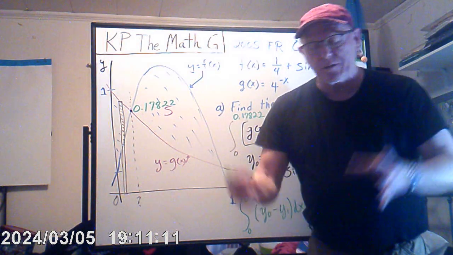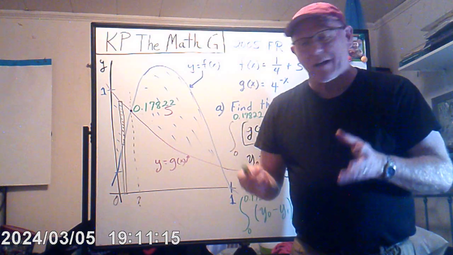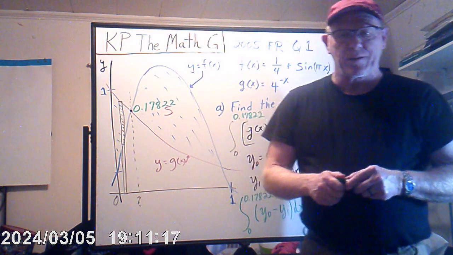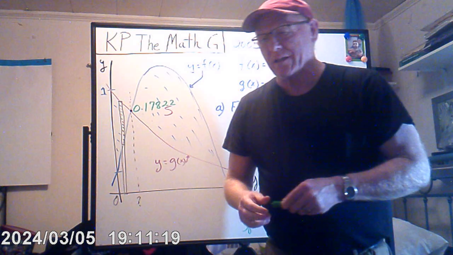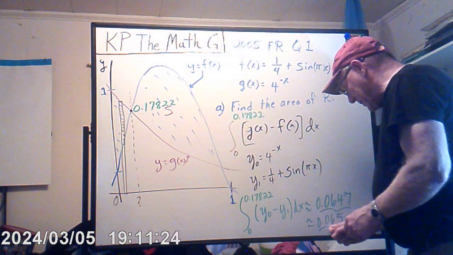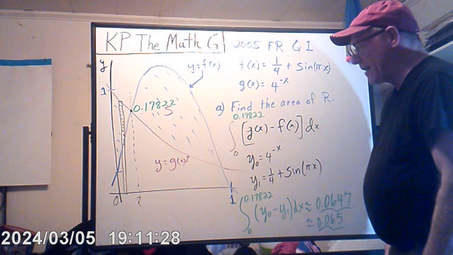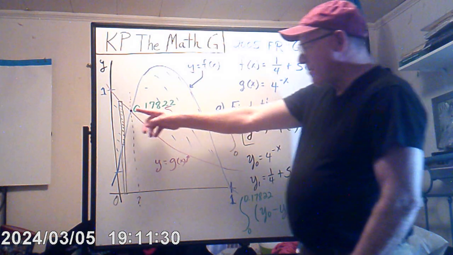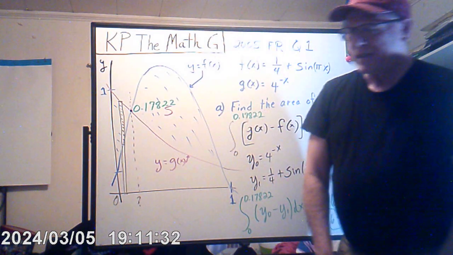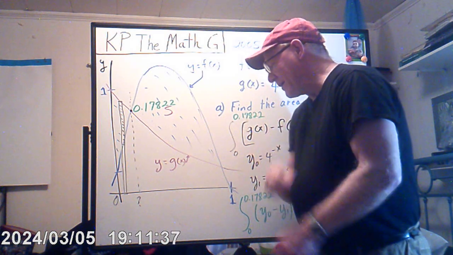So those of you taking regular calculus, I really don't mean to leave you out. I am sorry about that, and I deeply apologize. Okay, so anyway, 0.065 if you're doing the AP exam, but you do have to get that point of intersection first, and then you can figure this out very quickly.